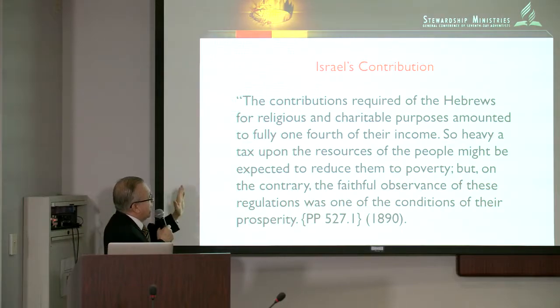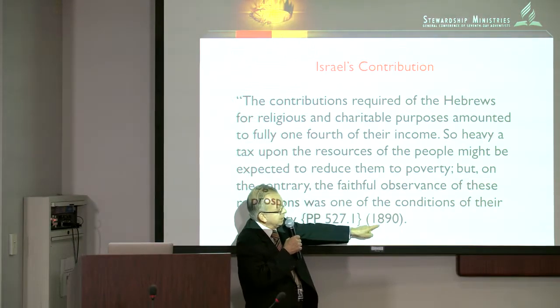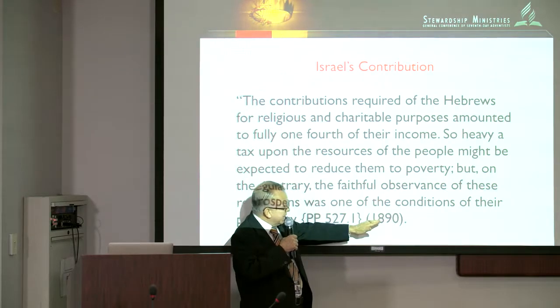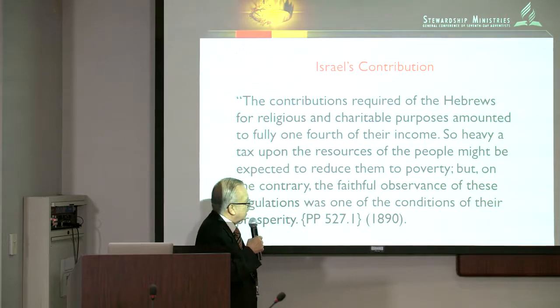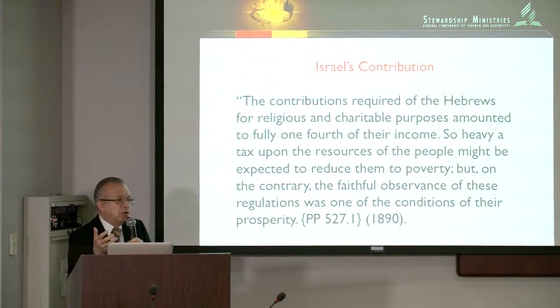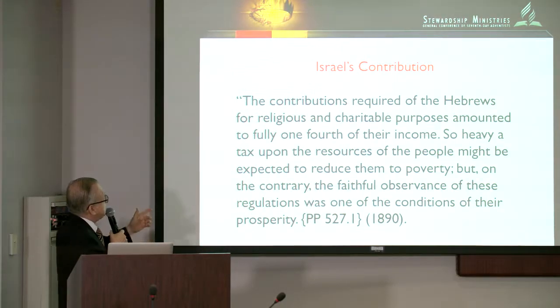This is a quotation written in this year. Now, it's important to know the year, because in 1890 the church was applying the system of tithe and offerings, systematic benevolence, as tithe and offering until today.